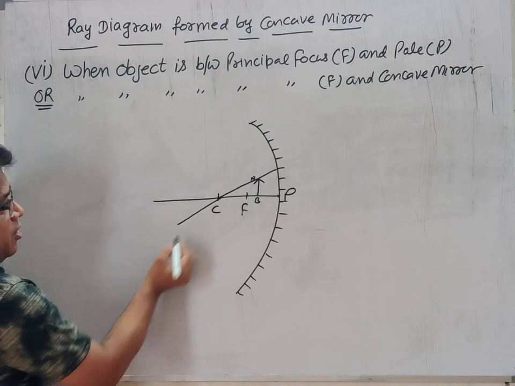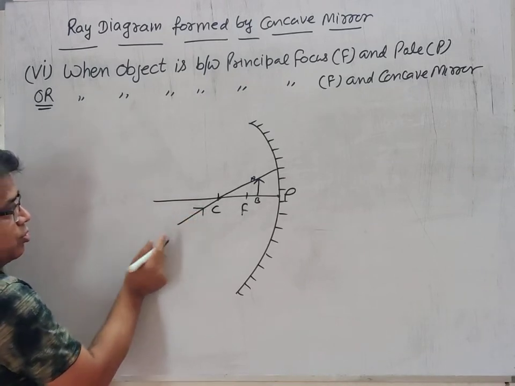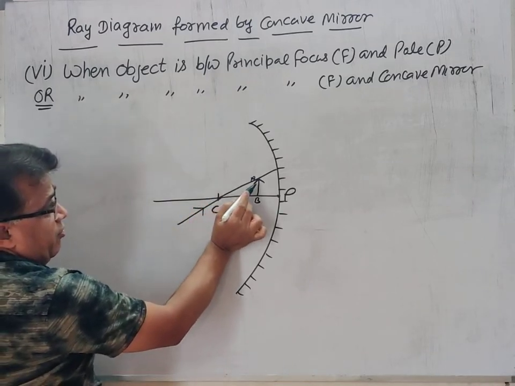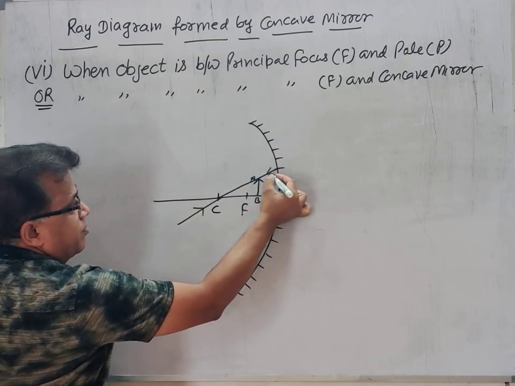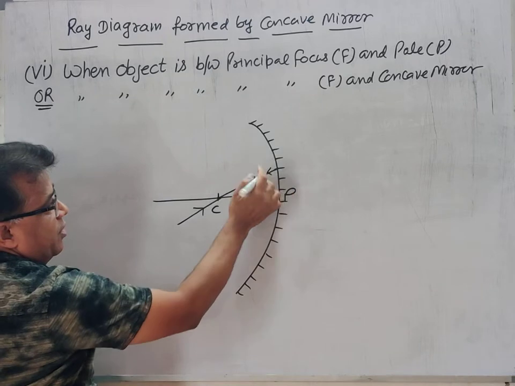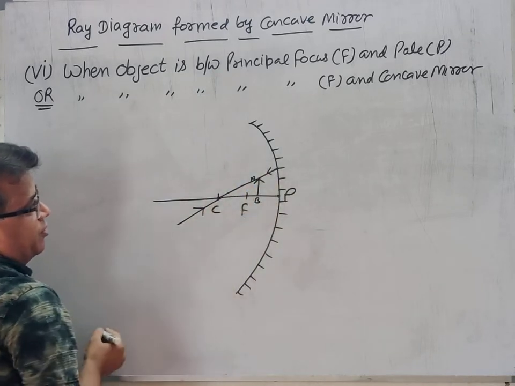This is an incident ray passing through the center of curvature, and it strikes here and returns along the same path.